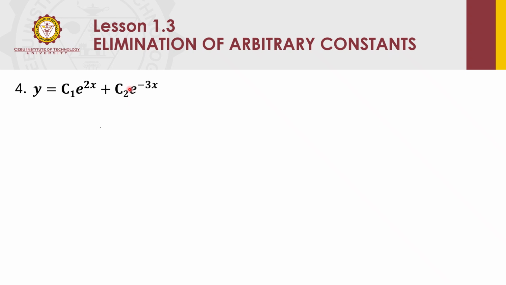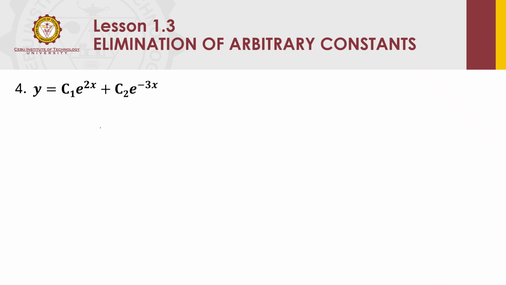So therefore, we can use either substitution method or elimination method to get rid of one constant at a time. So we need to write a system of equations containing C1 and C2. So we need a second order differential equation, so we can differentiate up to the second derivative.